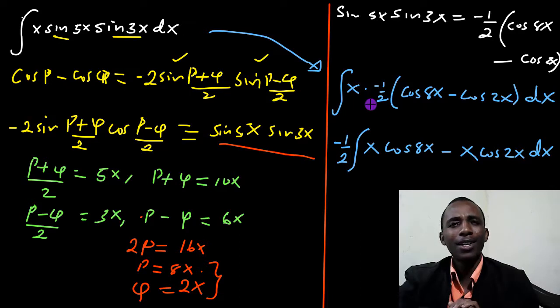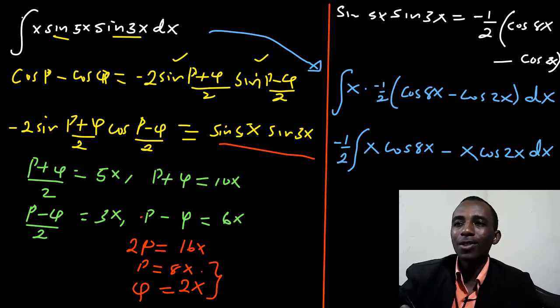And when you look at these, they are a little bit simpler to integrate because it's a product of a polynomial and a trigonometric function, so I can use the technique of integration by parts. So I'm going to use a very simplified way of integration by parts to do this. Let me just go to a new page and try to work on this.